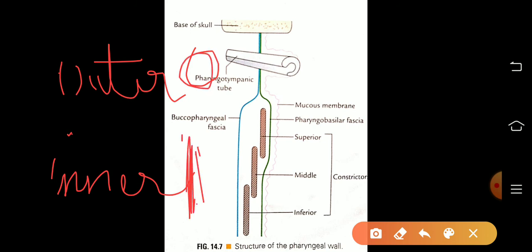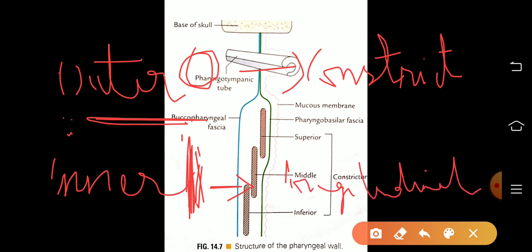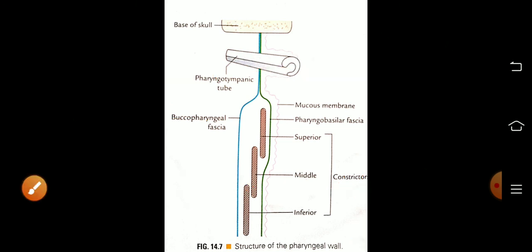These outer muscles are called constrictor muscles, because they are circular, they can constrict. The inner layer, as they are long in size and shape, are called longitudinal muscles.